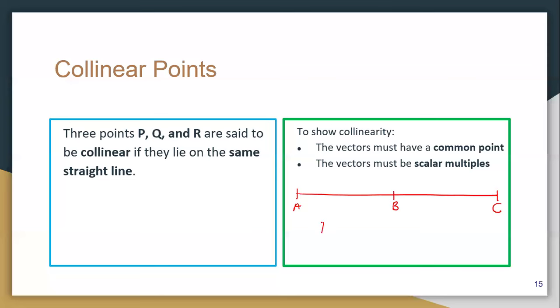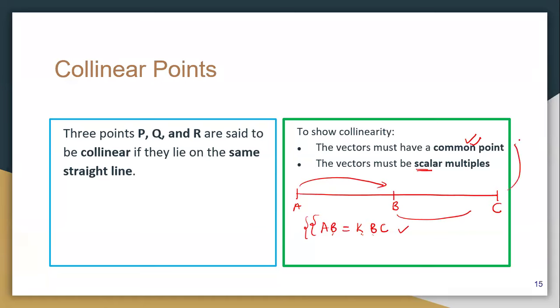One, you can say that vector AB is a scalar multiple of vector BC. What is very important is, is there a common point? Yes, B is the common point. So that is the first condition that is met. The second condition, is there a scalar multiple? Yes, there is a value of k, which when you multiply with vector BC, you get exactly AB. So this is the condition that we are going to be checking.